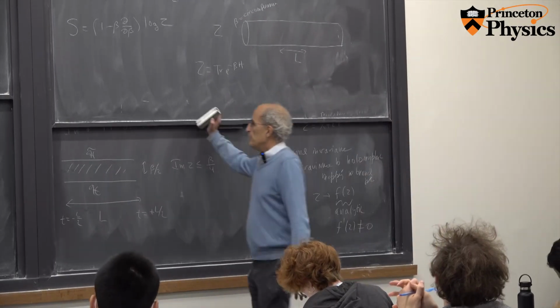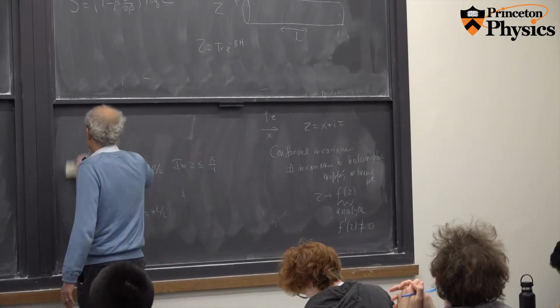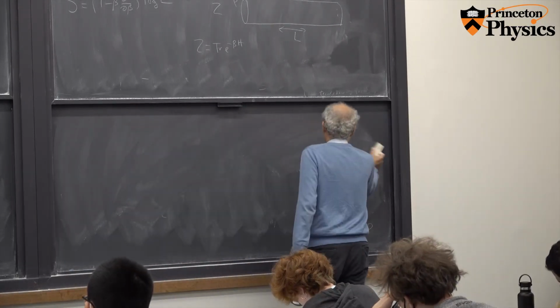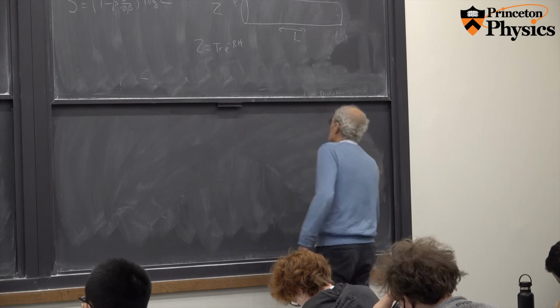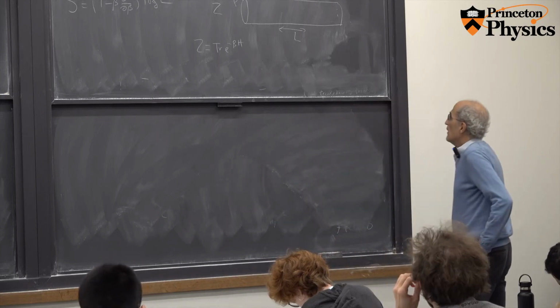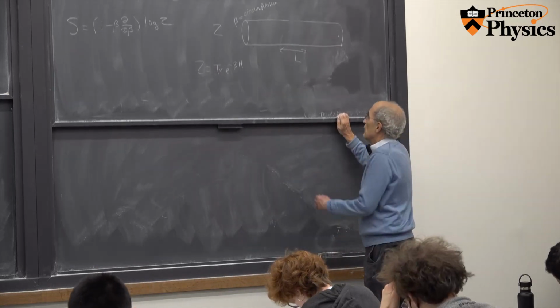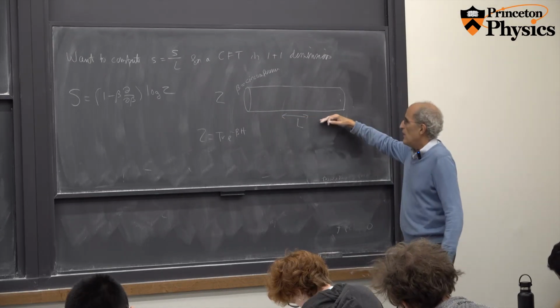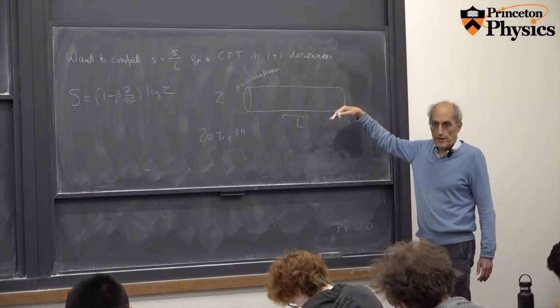The way to do that path integral is to look at it sideways. In the explanation so far, we have a quantum state on this interval of length L that propagates through imaginary time beta.